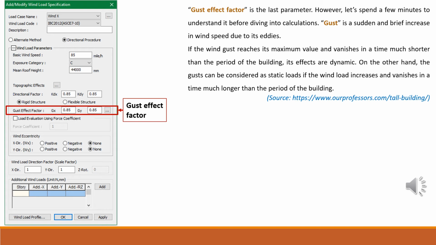On the other hand, the gusts can be considered as static loads if the wind load increases and vanishes in a time much longer than the period of the building.